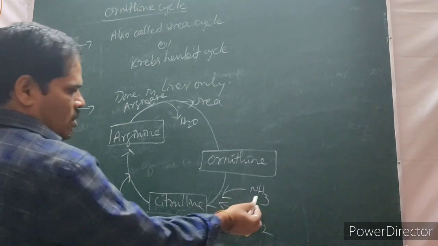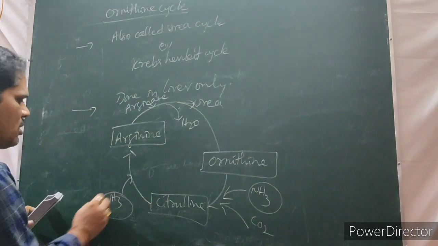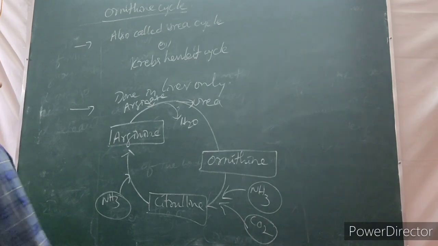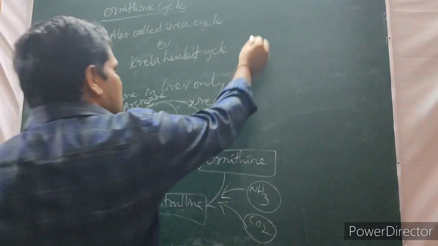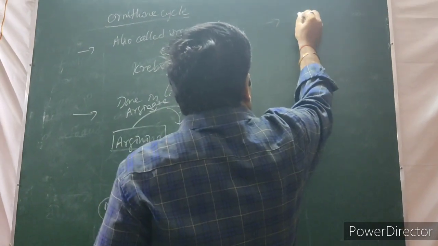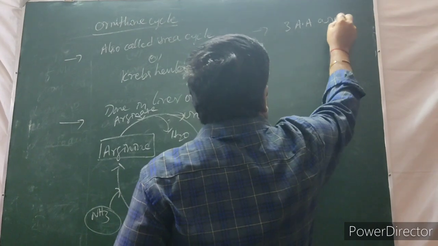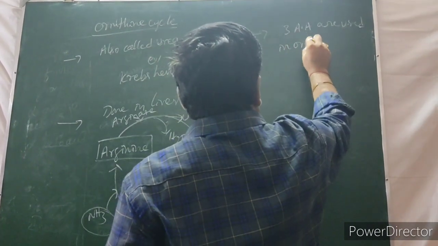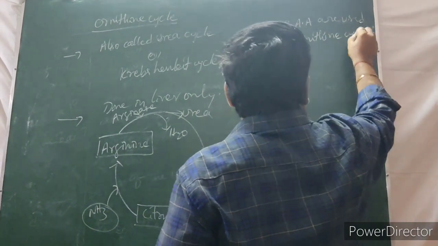Here, two molecules of ammonia and one molecule of carbon dioxide are used, and three amino acids are used in the ornithine cycle.